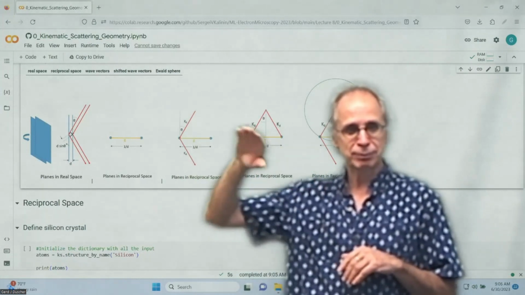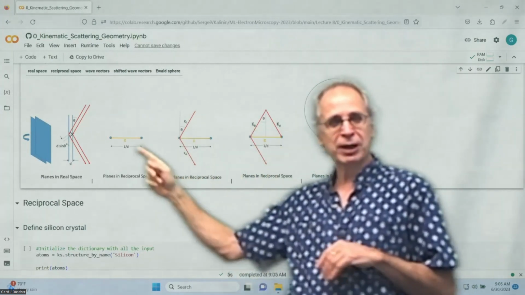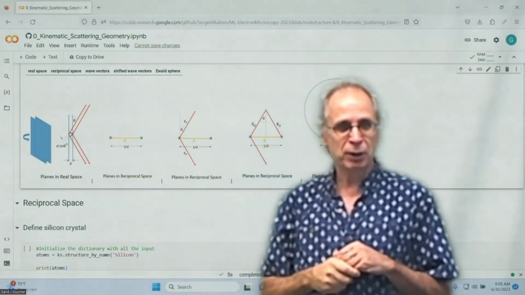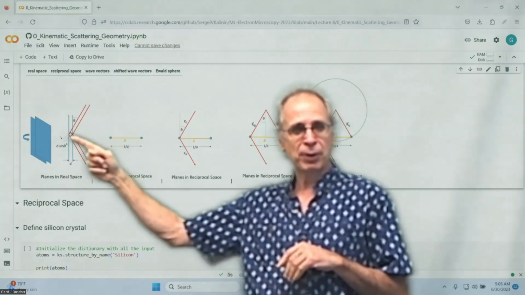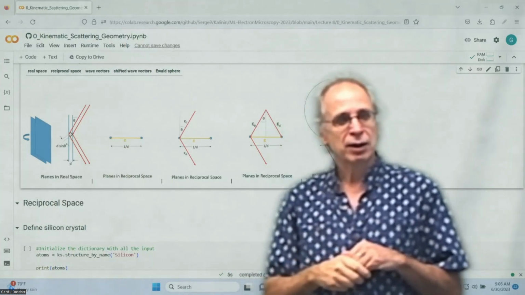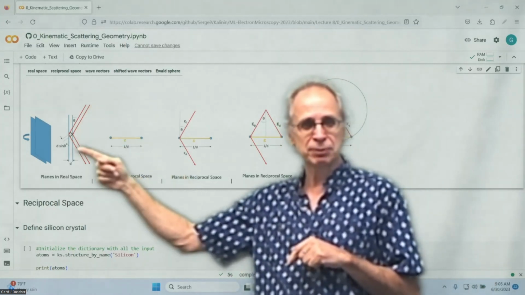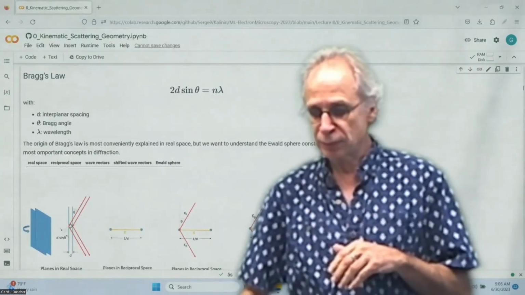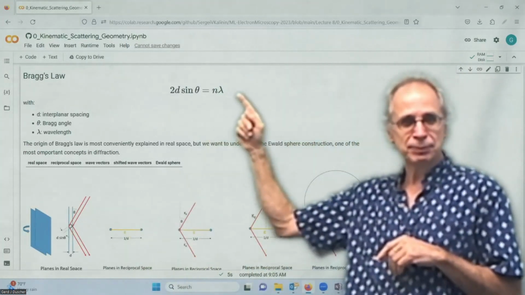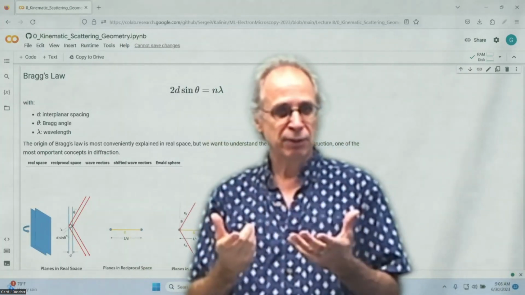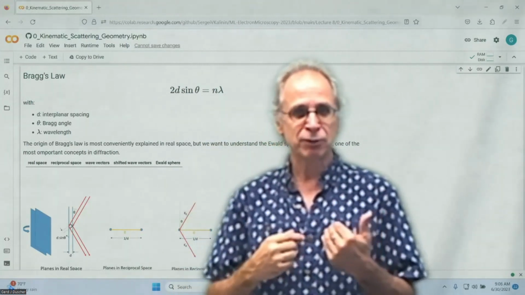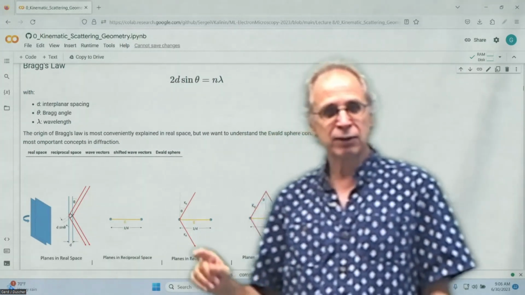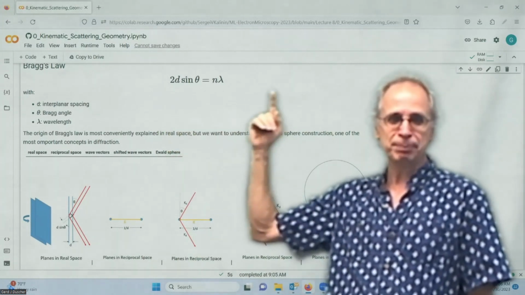Now it comes in, and we have a series of atomic planes, and the path difference between two of these beams should be a multiple of the wavelength, and in that case you have constructive interference. If you have destructive interference, you don't see anything, and this is pure trigonometry.